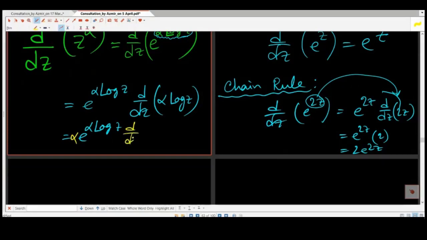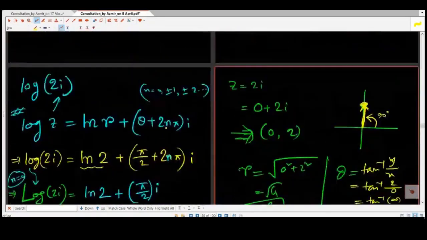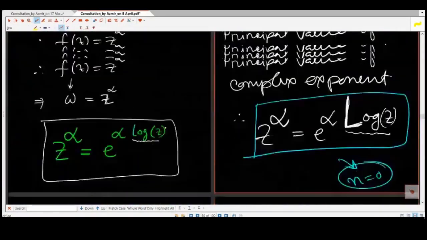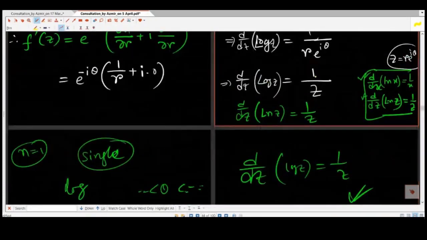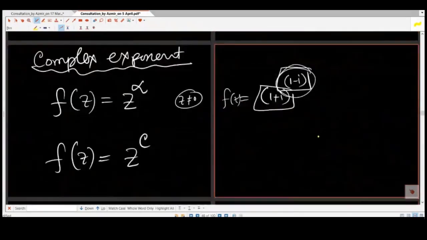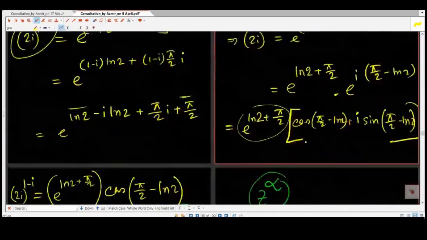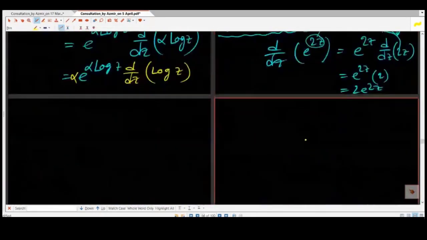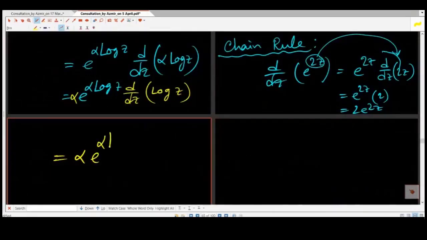Now we have d/dz of log z. And just before this problem, we have established that d/dz of log z is 1 over z. So we can write alpha e to the alpha log z times 1 over z.